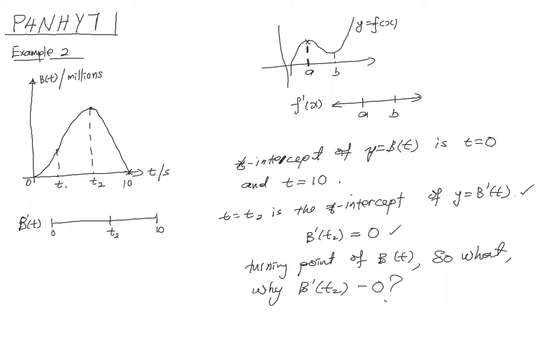I asked, so what? So you haven't interpreted this. I know if I want to find the coordinates of a turning point of a given function, I must make sure the derivative of the function equals 0. Why is it equal to 0?